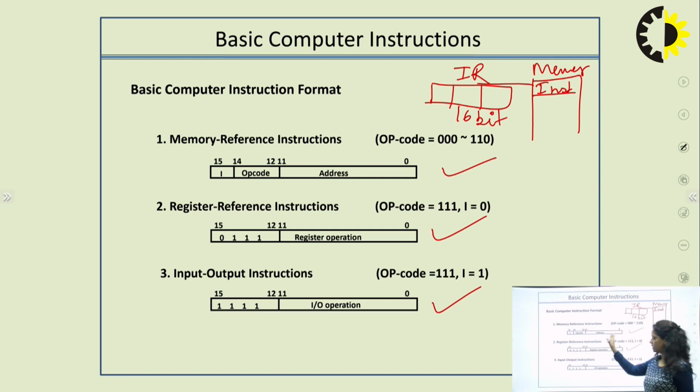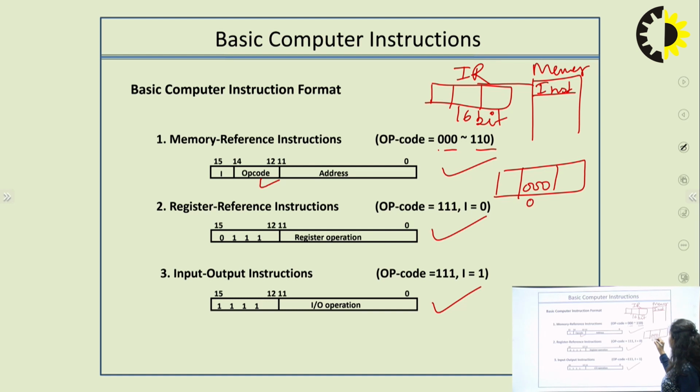For memory reference instructions, the opcode bits will be a combination from 000 to 110. That means the opcode may be 000, 001, 010, 011, and so on up to the binary code of 6.